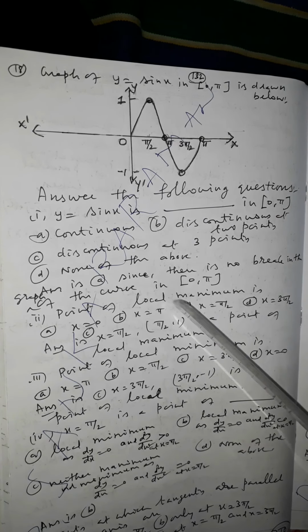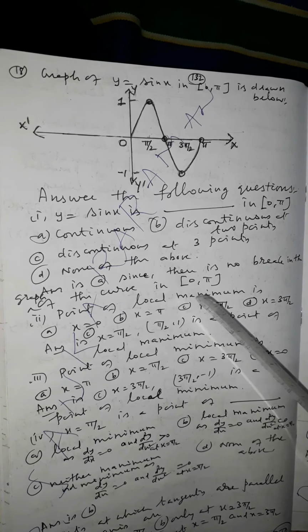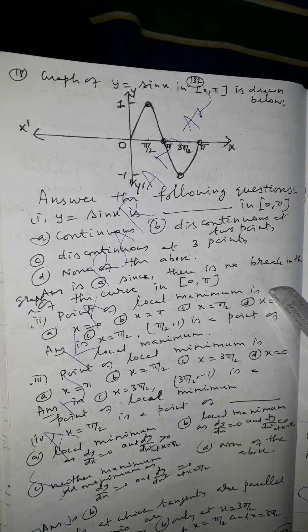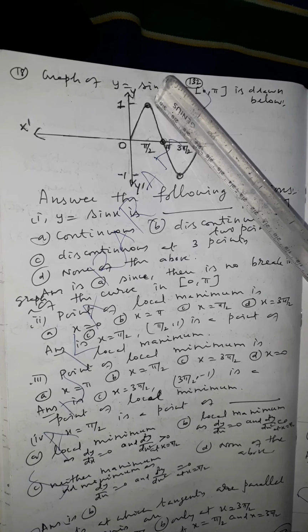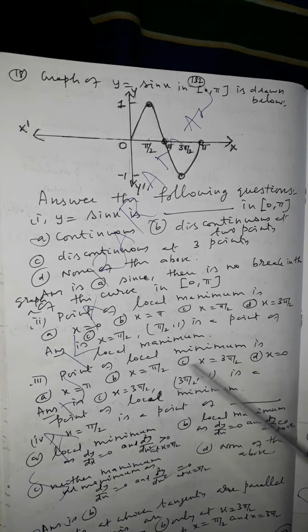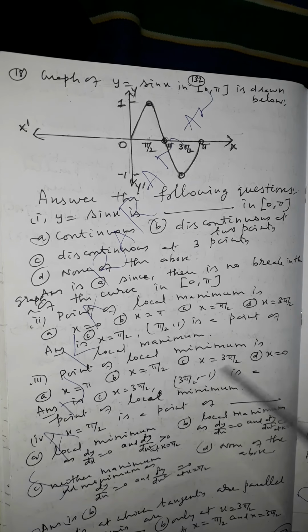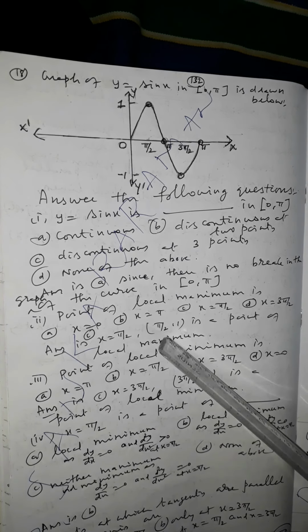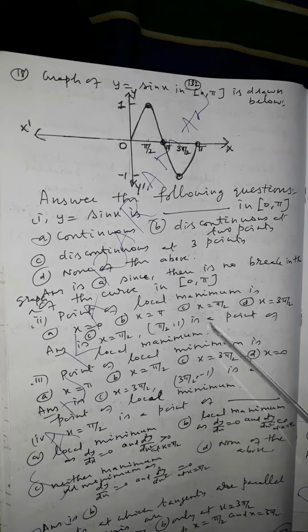So answer is A, since there is no break in the graph of the curve in the interval 0 comma pi. Then point of local maximum: you could just see here the point pi by 2 is the point of local maximum, pi by 2 comma 1.